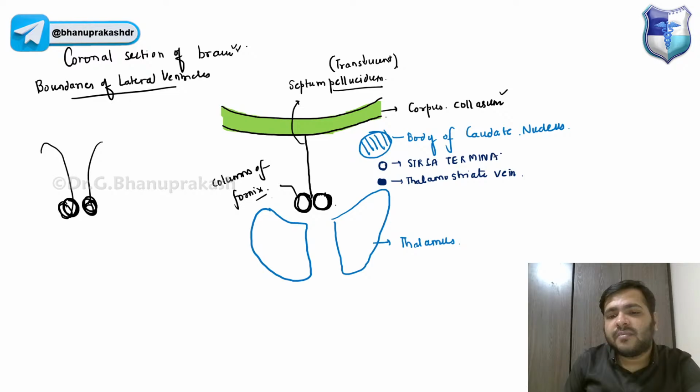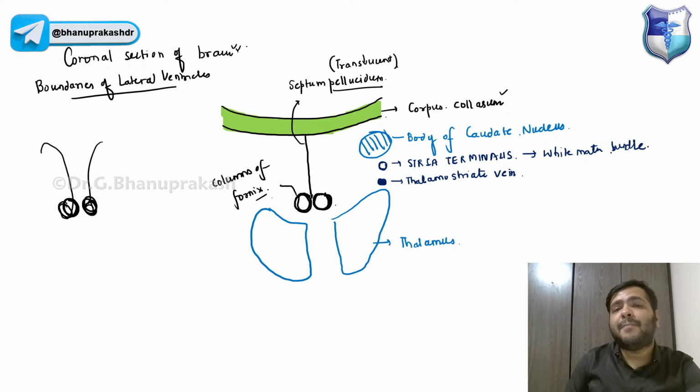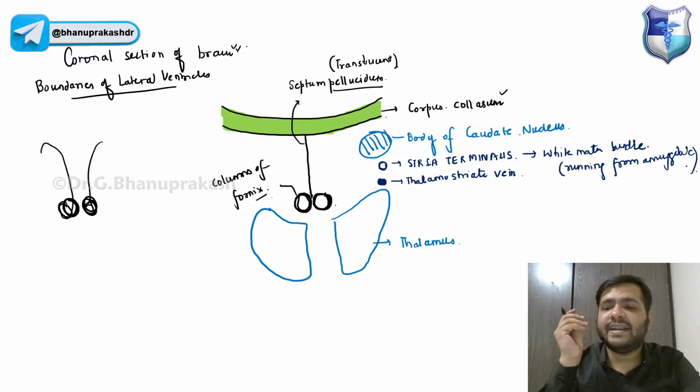Now remember, guys, between the caudate nucleus and the thalamus, the stria terminalis is nothing but a white matter bundle. Basically, it is running from the amygdala anteriorly.